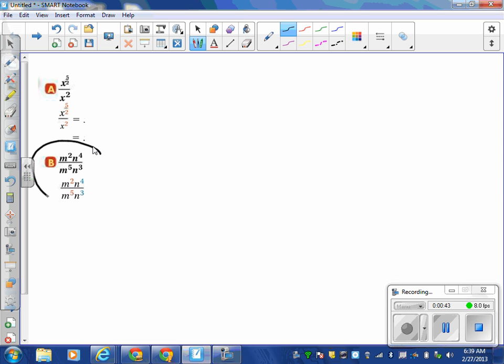Let's take a look at example B. When solving this type of problem, we have to take the exponents m and subtract them. So it would be 2 minus 5.